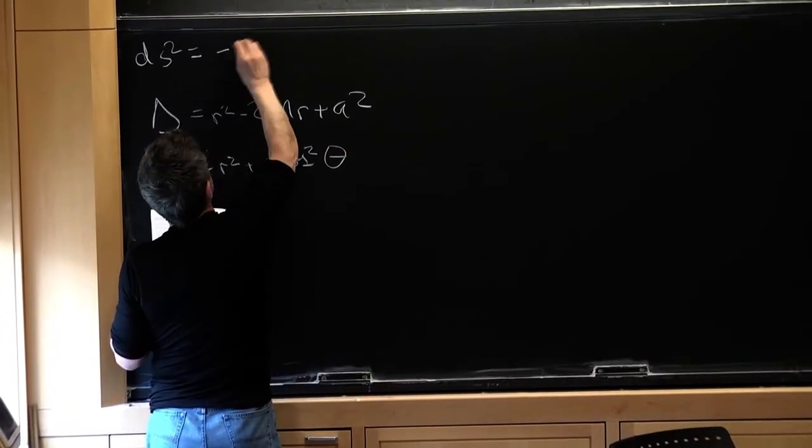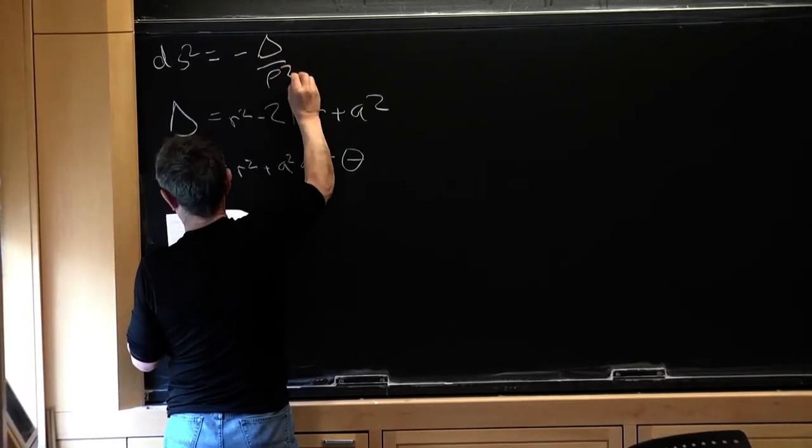So we have ds squared is minus delta over rho squared.